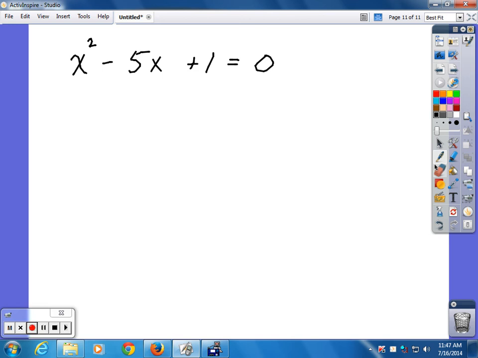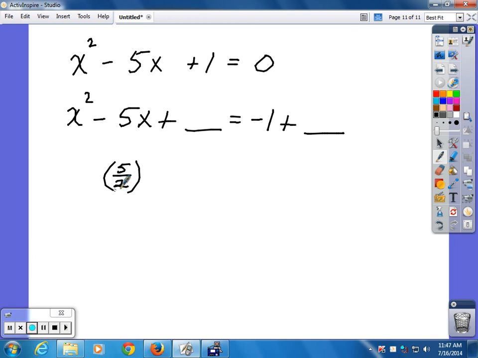All right. x squared minus 5x plus blank is equal to -1 plus blank. Now the reason I gave you this problem was to show you that sometimes you will have a negative on the other side. And when you do, you don't quit or erase it, you just keep going. Half of 5 is what? 5 halves. And 5 halves squared is what?